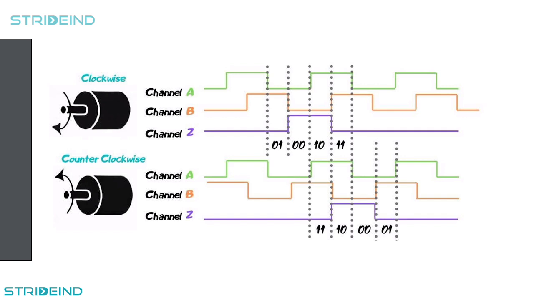Here is the trick. This is how the encoder understands you are in positive direction or negative direction. Let's say your encoder is moving clockwise and you are in the sequence of 1 0. So your channel A is 1 and channel B is 0.